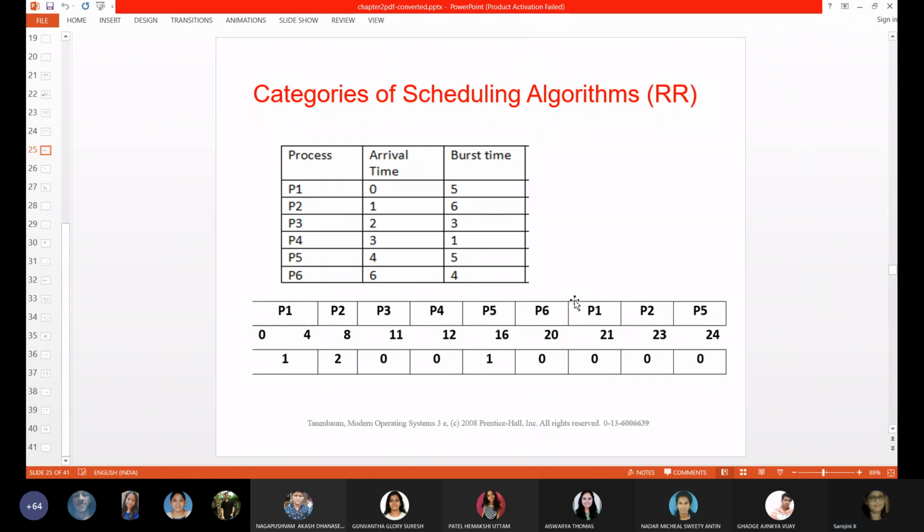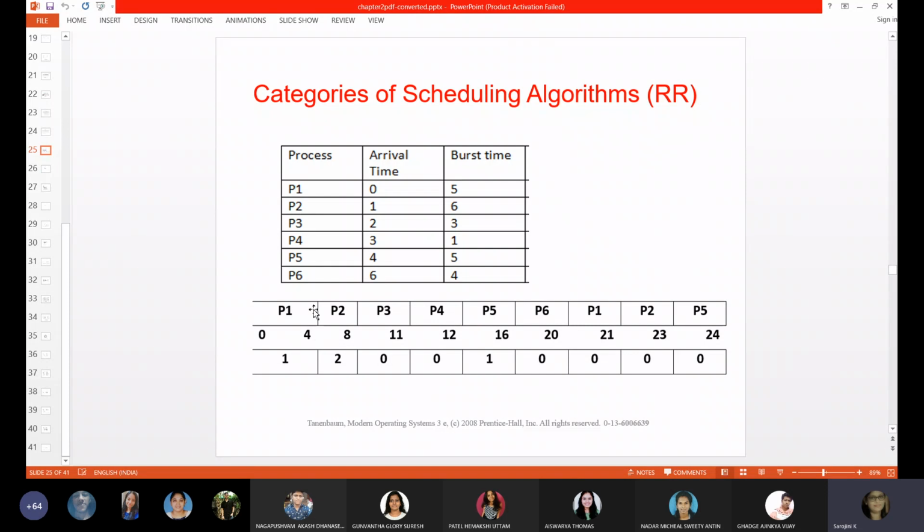Now process P1 entered. Its execution time is 5 milliseconds, but the quantum time is 4 milliseconds, so it used the CPU for 4 milliseconds. It started at 0 and in 4 milliseconds it was not completed. It has to be evicted because it is round robin; it can use the CPU continuously for 4 milliseconds maximum.